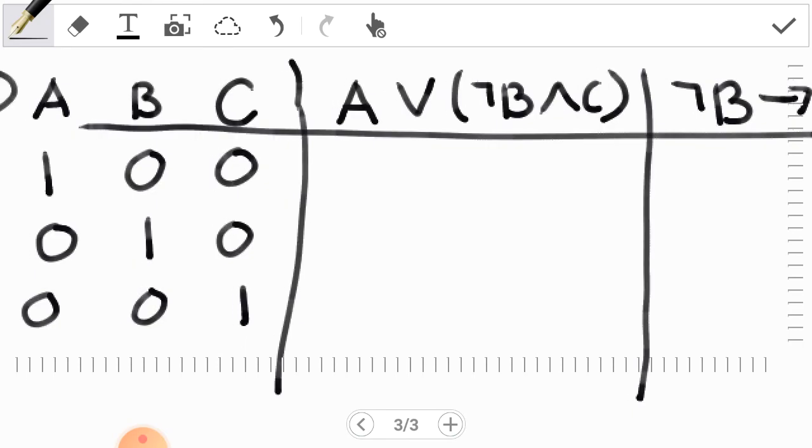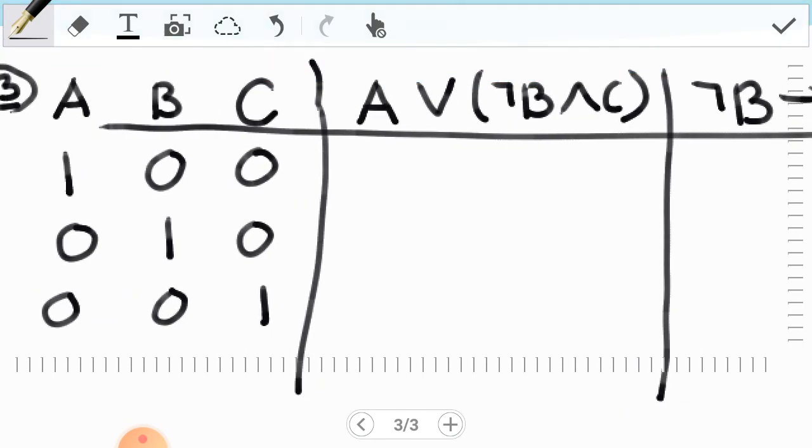Okay, let's now proceed with our truth values. So, for the first clue that was given, not B and C. If B is true, not B is false. If B is false, not B will now become true.